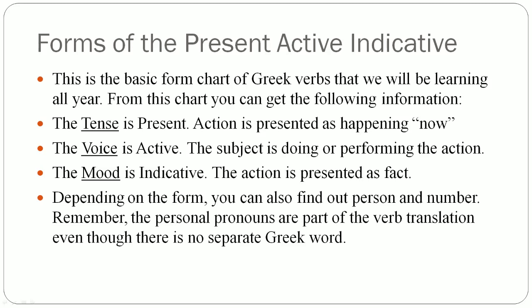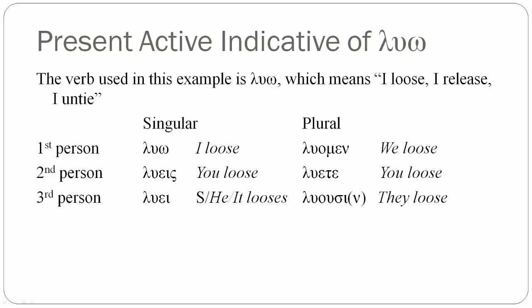All right, so let's take a look now at the actual Greek form chart. So, present active indicative forms of the Greek verb luo. We're going to be using this verb a lot. You'll become very familiar with this verb, because this verb is very nice, it is totally regular.